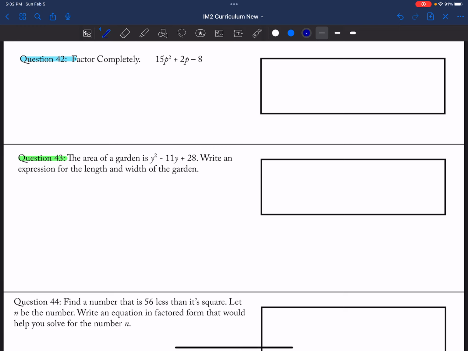42 looks like a diamond method. So this will be a 2 on the top, and 15 times 8 is 120 on the bottom, and it's negative.